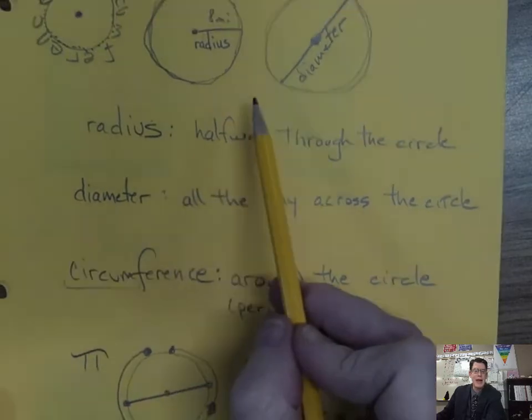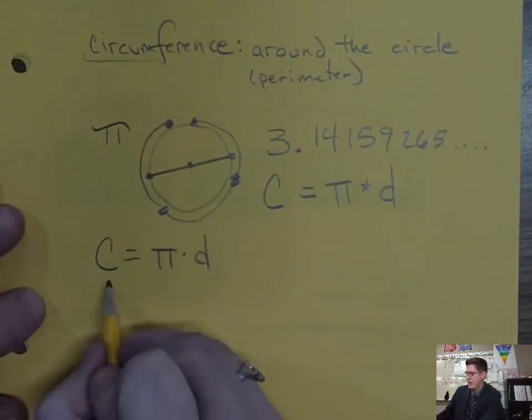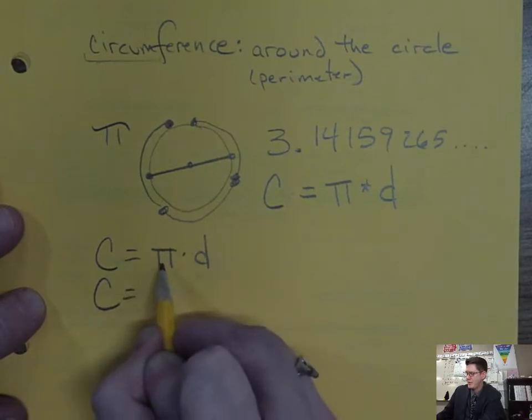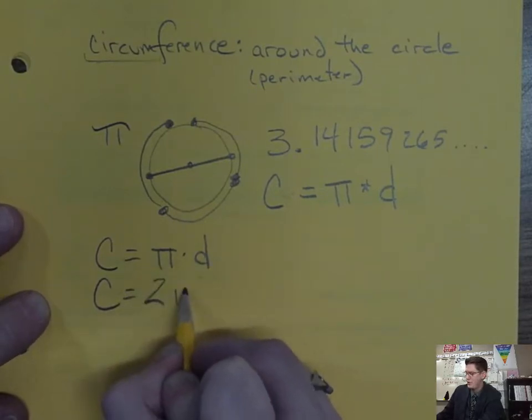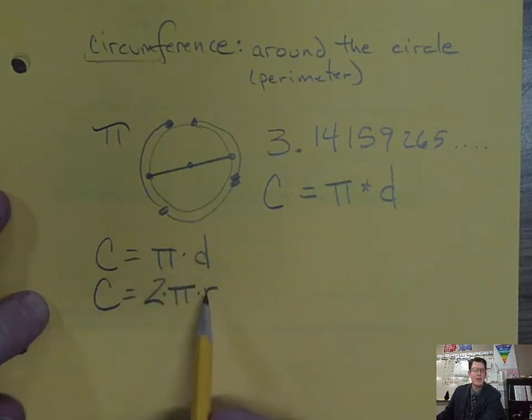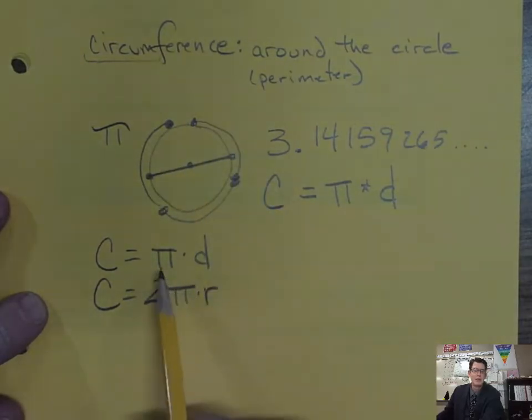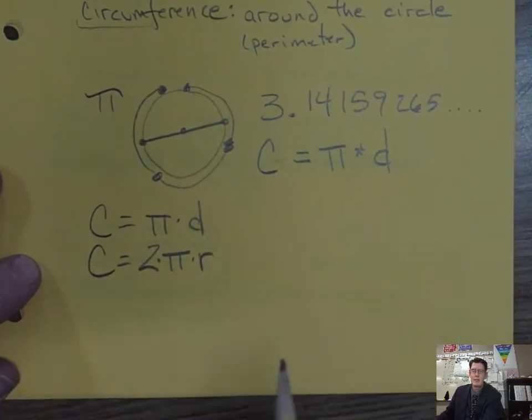Because the diameter is just 2 radii put together, another way you can look at it is pi times 2 radiuses. We end up saying 2 pi r, but it's the exact same thing. So the distance around a circle is simply pi times the diameter, or 2 times radius times pi.